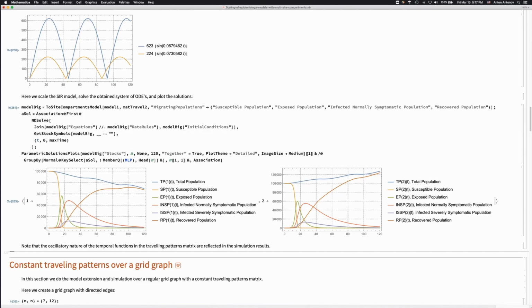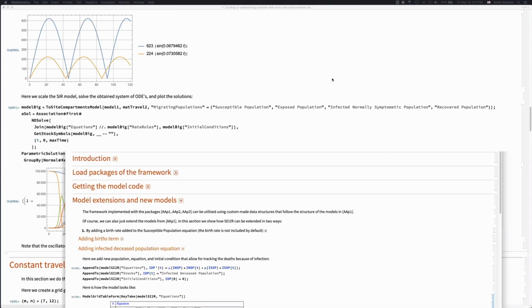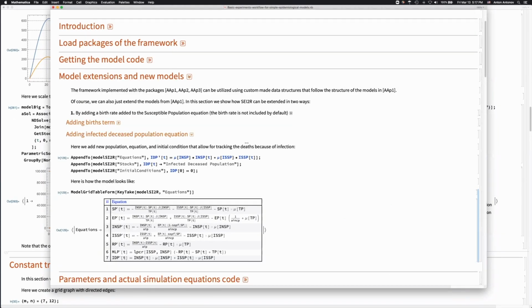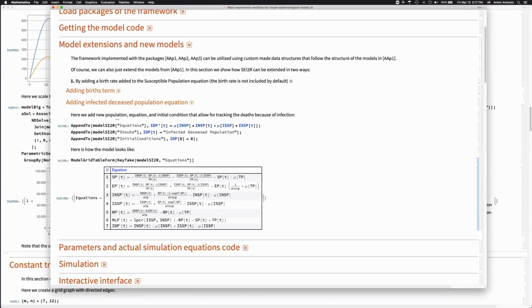In the lecture yesterday, I was saying that one of the ways to extend the models is to add a death equation, something like this. For example, if I want to extend the equations of my core model before making the multi-site version, I can add this death equation here.